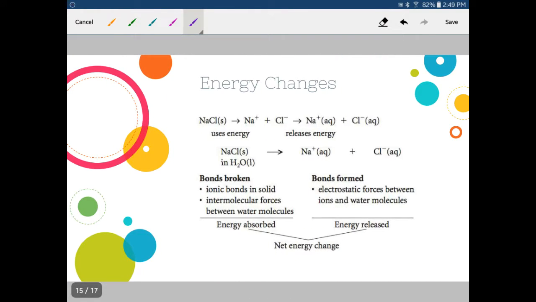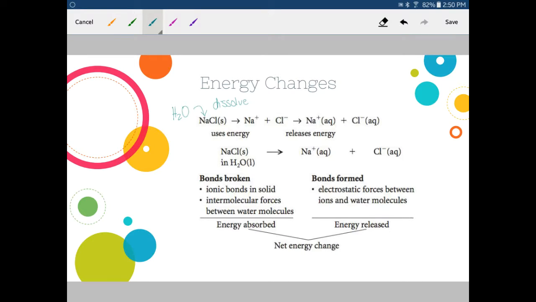If we look at an example of dissolving sodium chloride, dissolving NaCl will use energy to form our sodium ions and our chloride ions. We have the breaking of the bonds between our sodium and our chloride, so we break ionic bonds. We also break some intermolecular forces between water molecules, because we're adding water to dissolve.